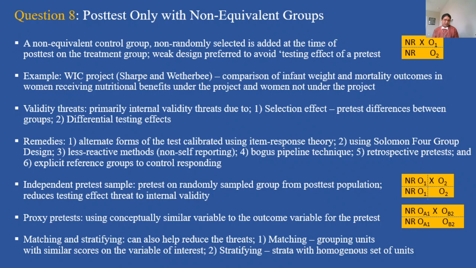So the same population where the treatment group is derived, another sample is derived, and then their pretest data is looked at. This avoids the testing effect in the treatment population, which is a threat to internal validity. It also eliminates the threat of attrition arising when following up with the study participants.